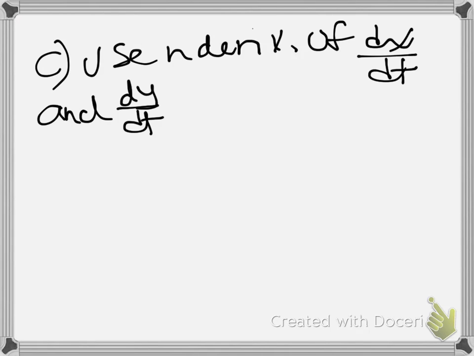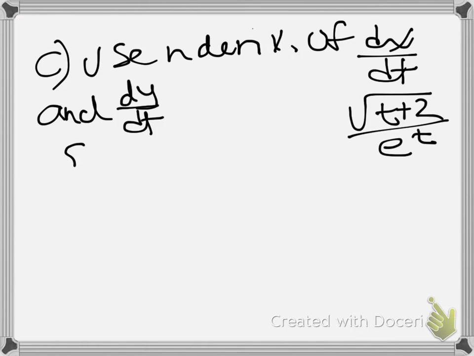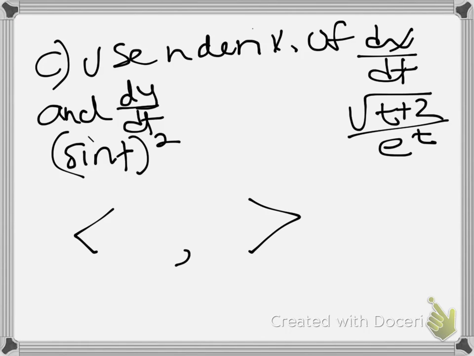The function for dx dt was the square root of t plus 2 over e to the t. The function for dy dt was sine squared t. Using nDeriv, we plug them in the calculator. We get negative 0.041 and 0.989.